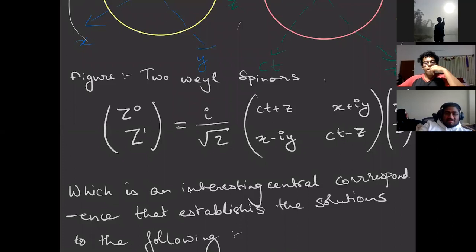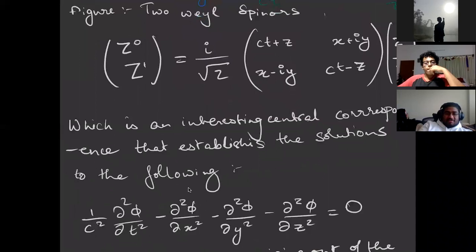You have one set of spinors defined along x and y, and another set of spinors defined along t and z, right? So that is what, and then you have this beautiful relation between the components of the twistor and this particular matrix.